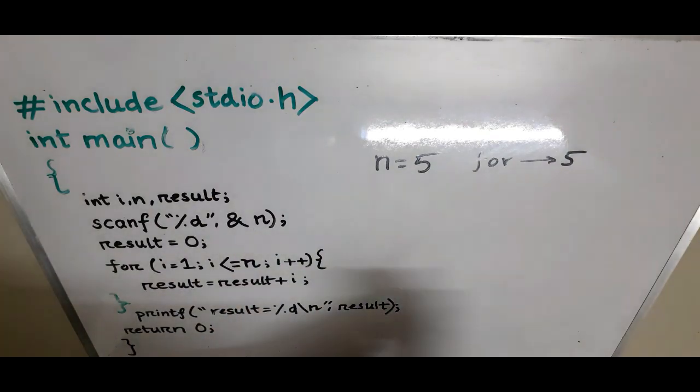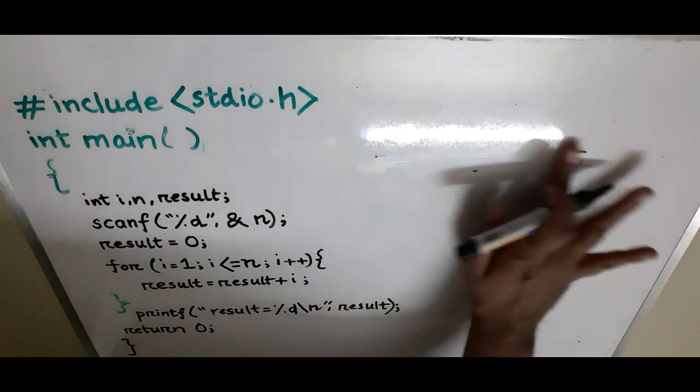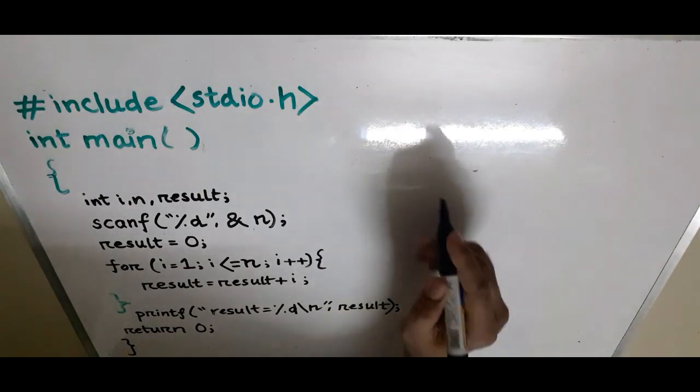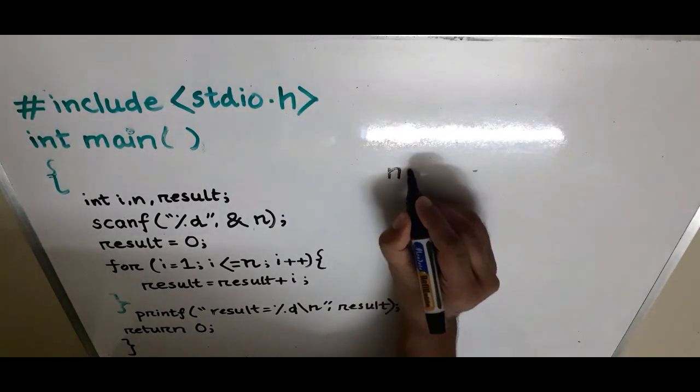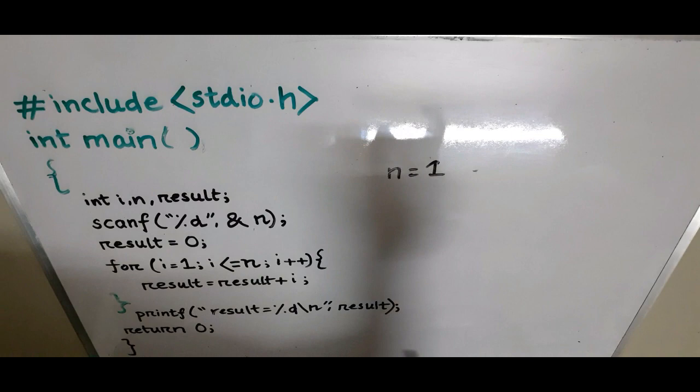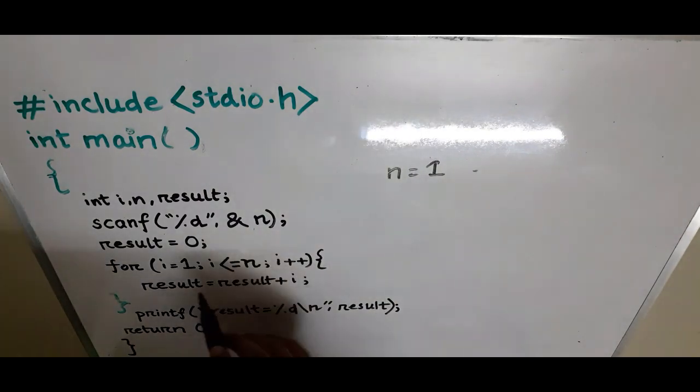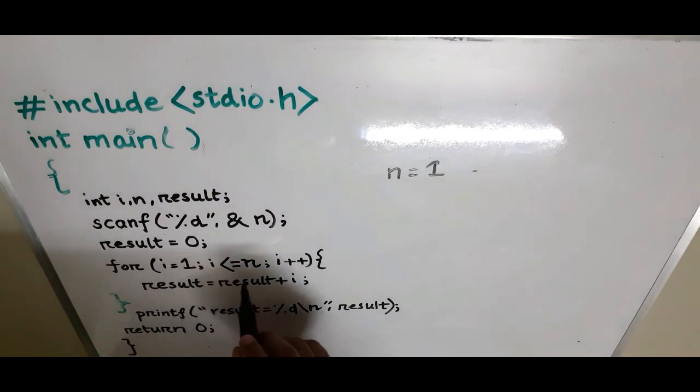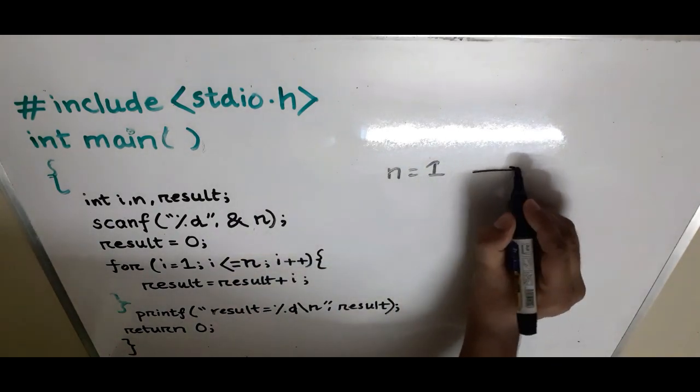So let's take an example. Let's say if we have n value equals to 1, what will happen in that case? Initially the value of I is equal to 1, I less than or equal to 1, right? So inside this one, this thing will happen, right?